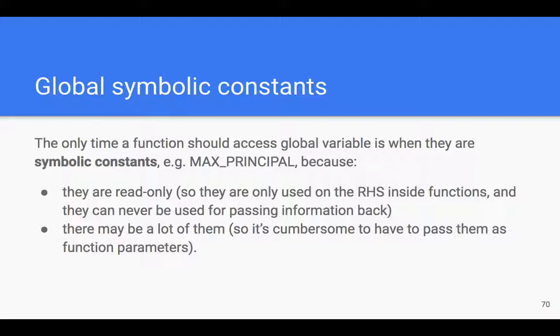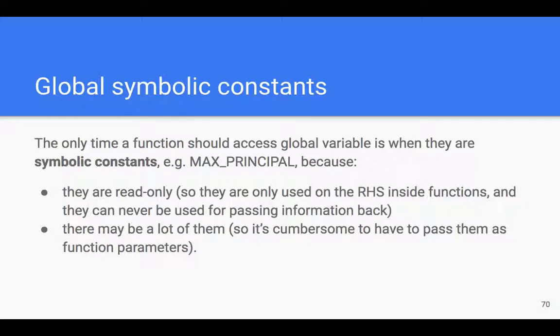The reason for that is, first, symbolic constants are read-only. When they're inside the function, they will only ever be used on the right-hand side. They are only ever going to be read from. You should never write to a global constant. That's why they're called constants, right?